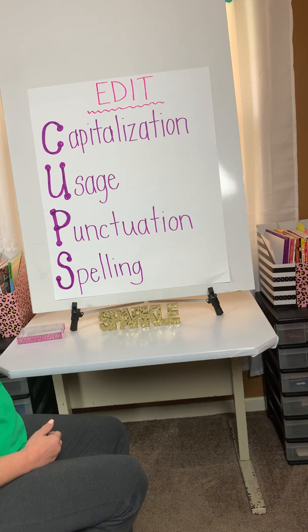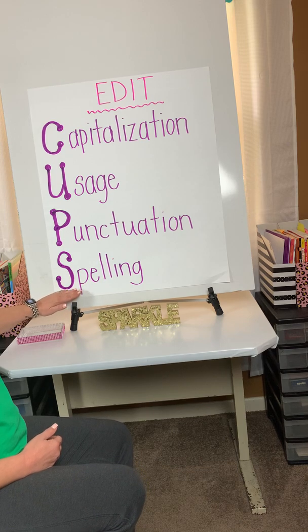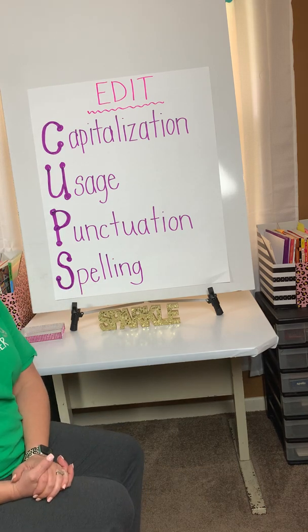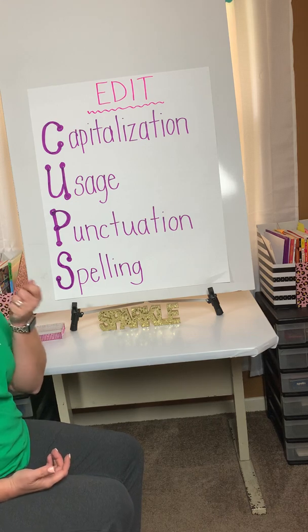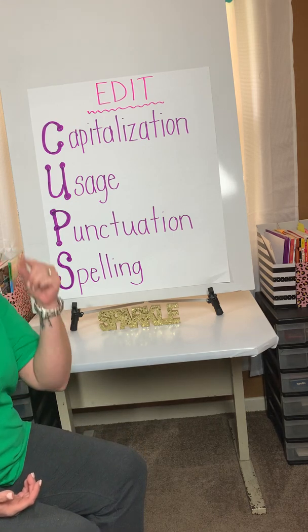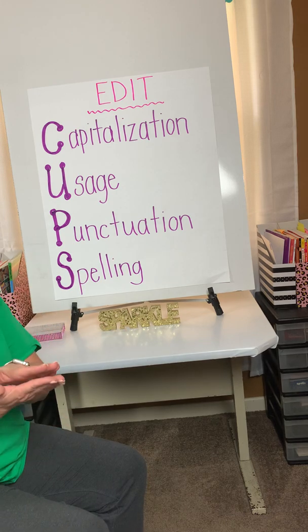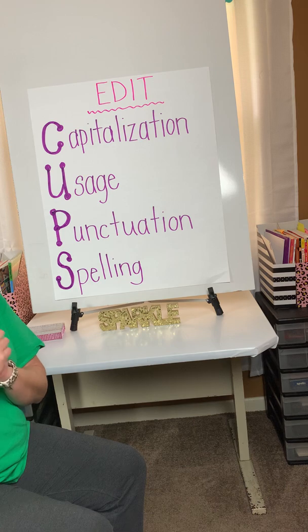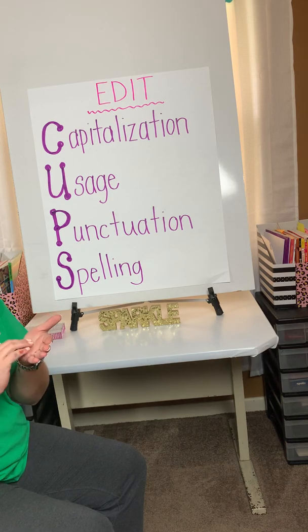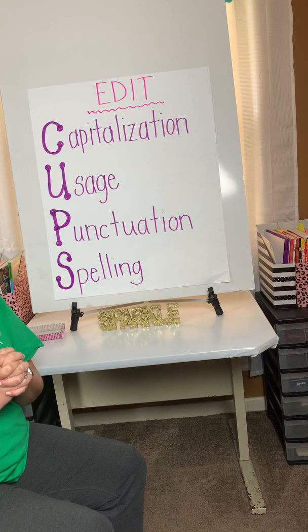Okay, and the very last part of your editing is where we're going to check our spelling. If you are unsure about the spelling of a word, use a dictionary. If you have a good idea of the way the word is spelled and you can kind of sound it out, you can check with a dictionary in book form, or if you just Google online dictionary, they will pop up and you can type in what you think the word sounds or looks like as far as spelling, and it will give you some corrections.